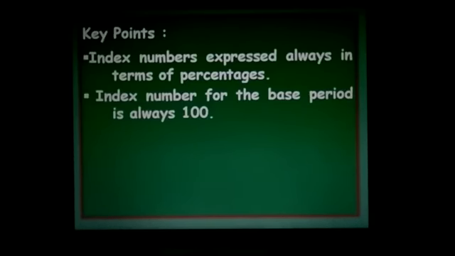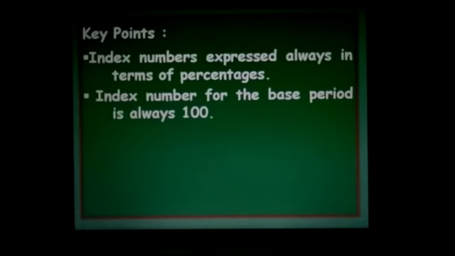As the baseline, we have kept the index number of a base period as 100. As I have told you already, if it is 150, it is a 50% increase. If it is 200, a 100% increase. If it is 50, then 50% decreased. If it is 70, then 30% decreased.